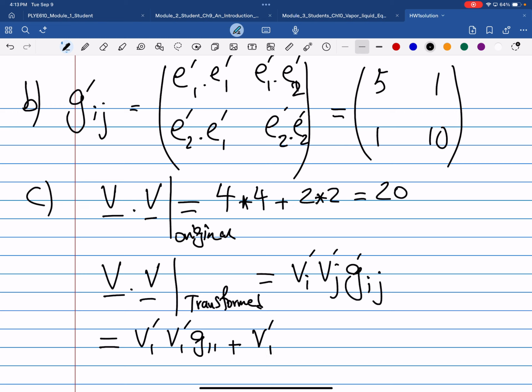Then you have V prime 1, V prime 2, G1 2, plus V prime 2, V prime 1, G2 1, plus V prime 2, V prime 2, G2 2. Okay.